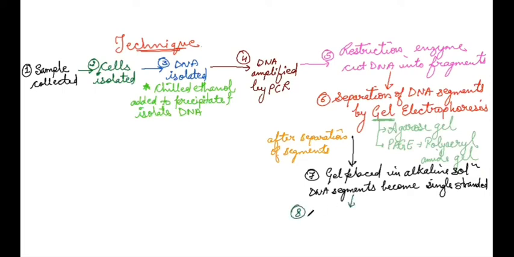Step number 8 is that all the DNA segments are transferred onto a nylon sheet, an artificial sheet, or a nitrocellulose membrane by the technique known as Southern blotting. I'll explain the technique also.